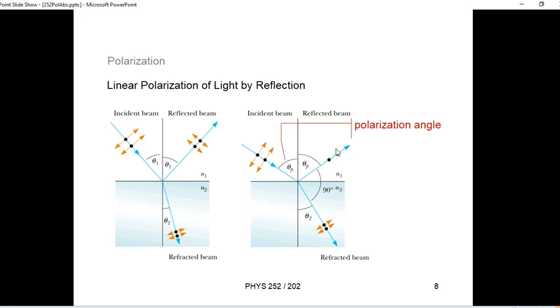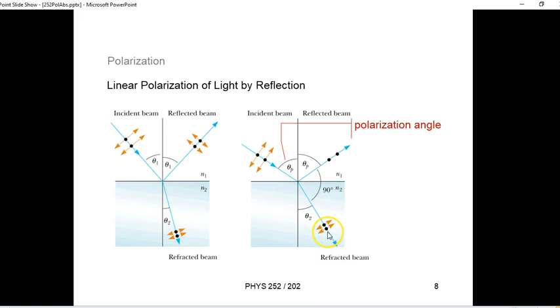Right? But light can't have the electric field parallel to the direction of propagation. So there's no way that these oscillations down here, along this orange direction, these electric field oscillations, can produce light that travels in a parallel direction.